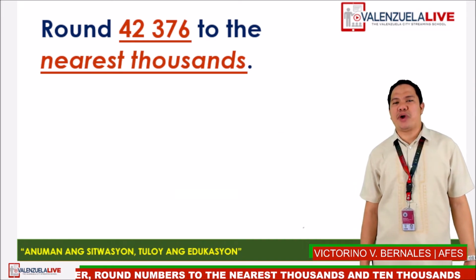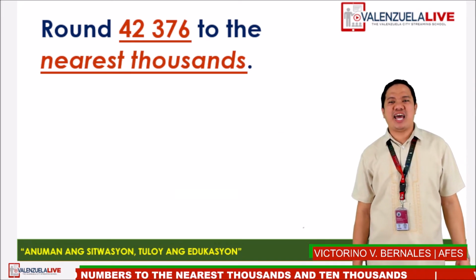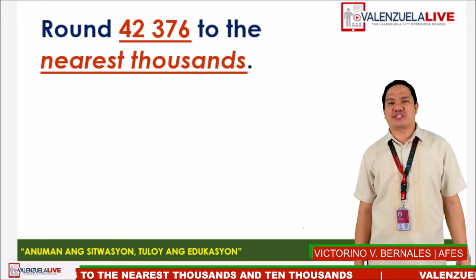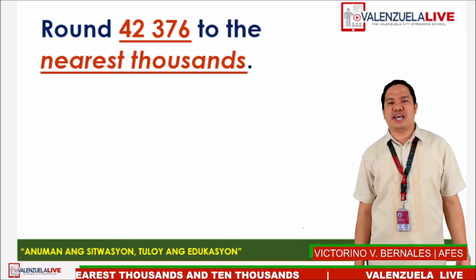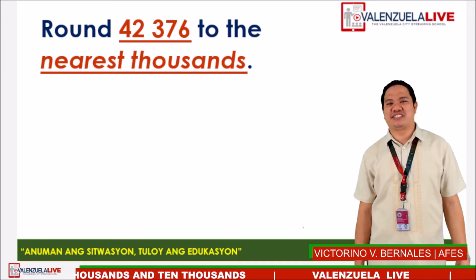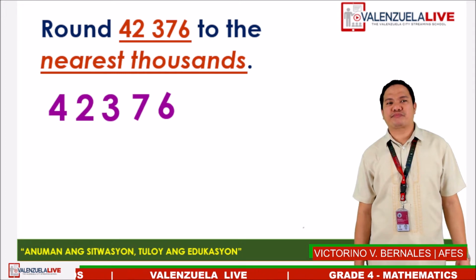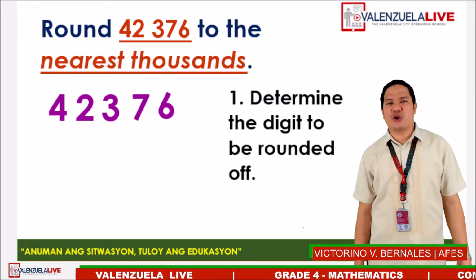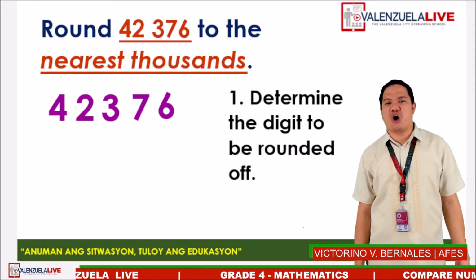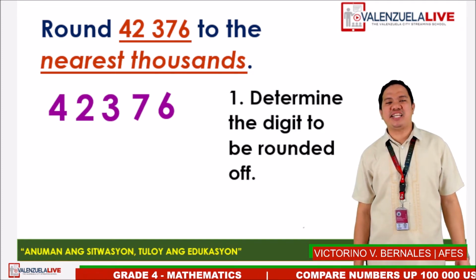Using another way in rounding numbers, let us round 42,376 to the nearest thousands. Again, the first thing we need to do is to determine the digit to be rounded off by identifying what digit is in the thousands place.